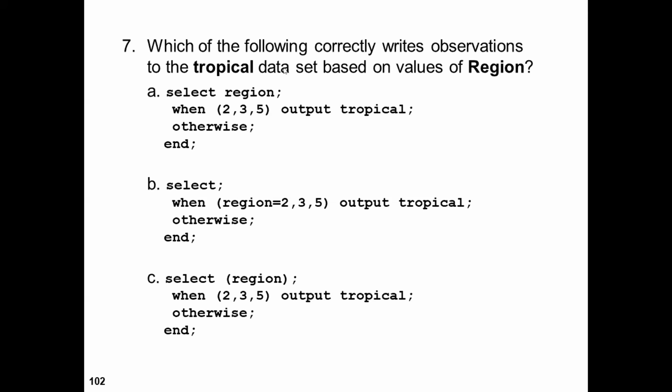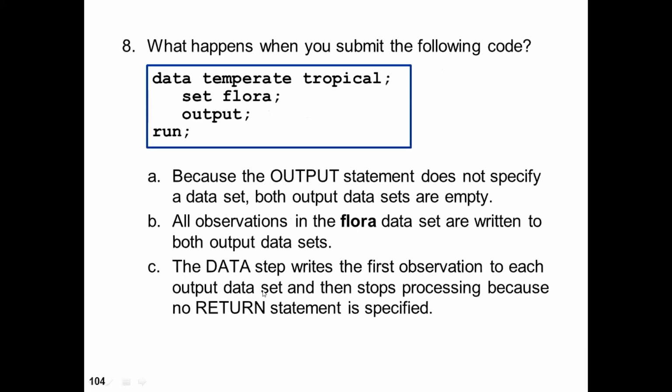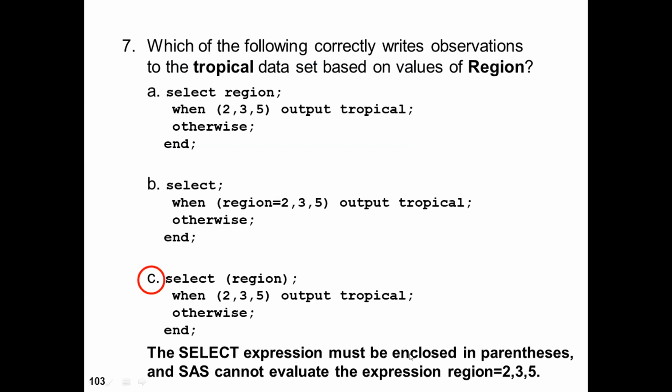When you write SELECT region, WHEN equal to is always a single value. Here you are writing multiple values. The syntax is in parentheses: region, this value. The select expression must be enclosed in parentheses, and SAS cannot evaluate the expression region equal to 2, 3, 5 because equal to always means a single value, not multiple values. Here there is no parenthesis for region. Here you have it. So this is correct.